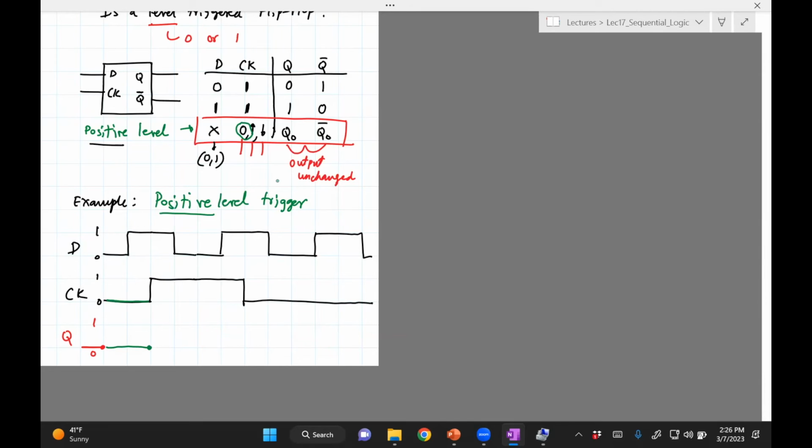Okay, we reach here, and then we notice that now the clock goes high. So if the clock goes high, we have one of these two cases. We have D equals 1, which is this, which means that Q will have to go to 1. So it's triggered here. It'll go to 1.